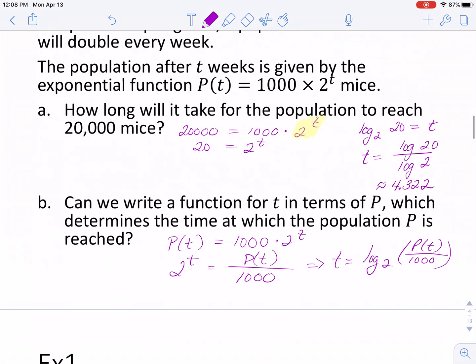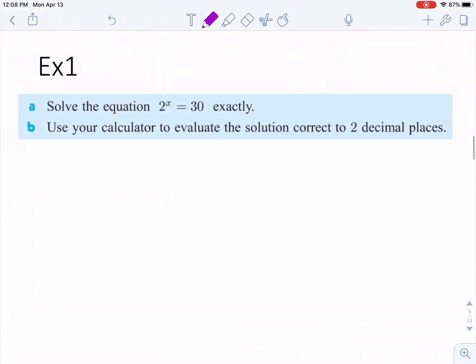Well, you're probably right. So I want to solve the equation 2 to the x is equal to 30 exactly. Now, exponentials and logarithms are one-to-one functions, which means that we can take the log of both sides. So 2 to the x is equal to 30.